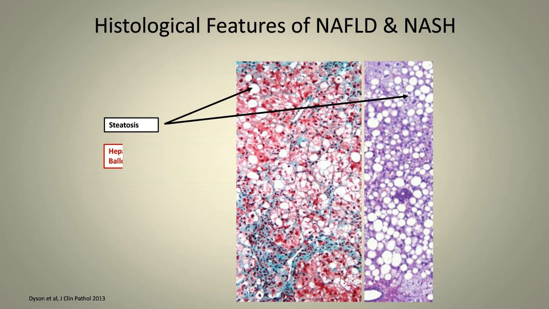Now, ballooning is what you see here, where the red arrow is highlighting this cell that's quite large. You see this nucleus is pushed to the edge here, this black dot, and you see this purple, pink, ropey cytoplasm in the middle that we call Mallory-Denk bodies or Mallory's hyaline. Now, this represents a cell that is dying.